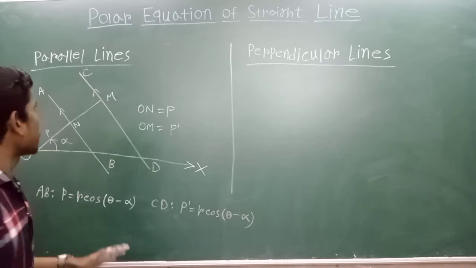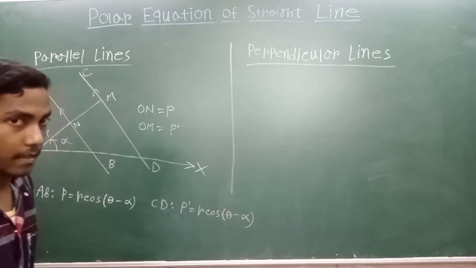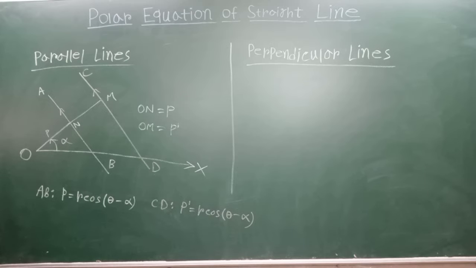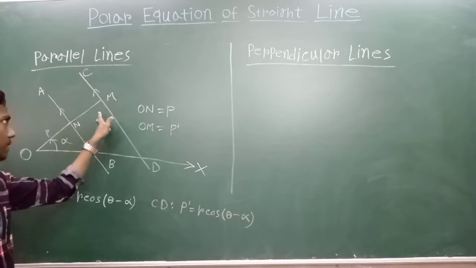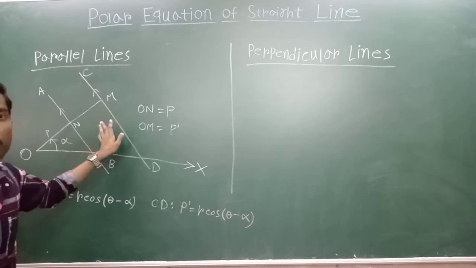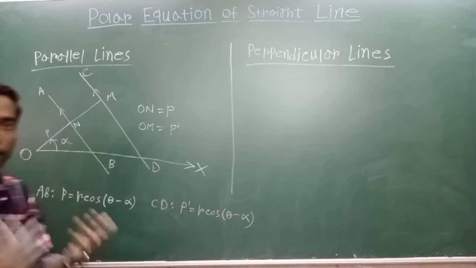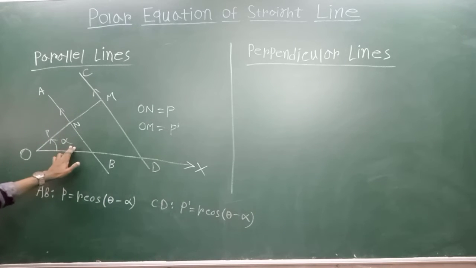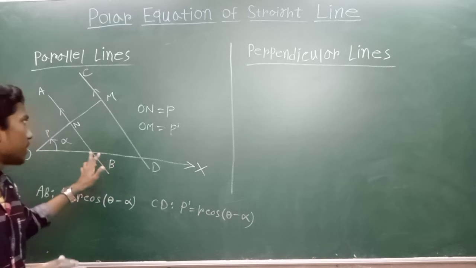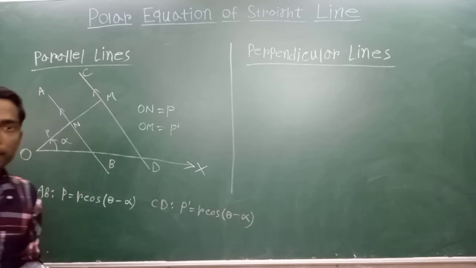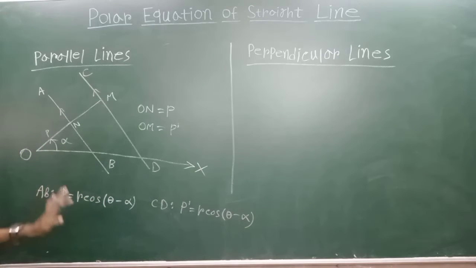This is the concept for the parallel straight lines. In case of parallel straight lines, we just have to change this distance. The radius vectors of point A and point A dash are different, but the vectorial angles are the same. Both are alpha for parallel straight lines.